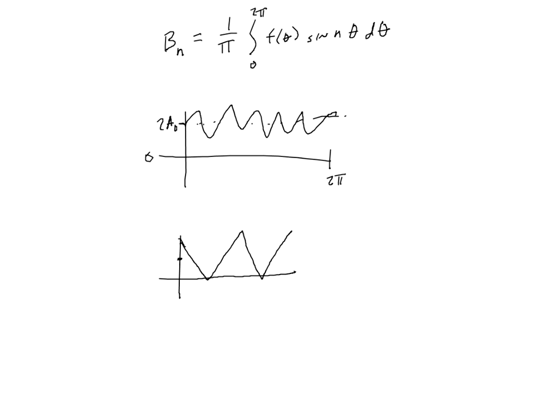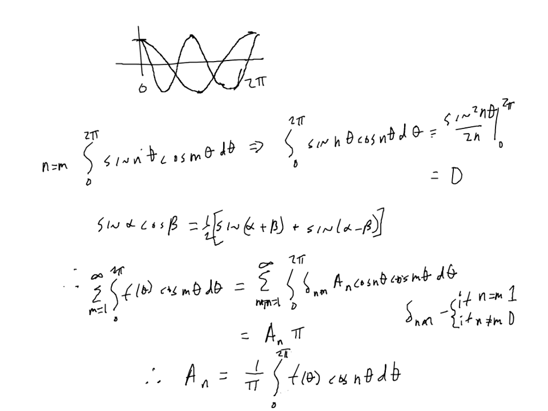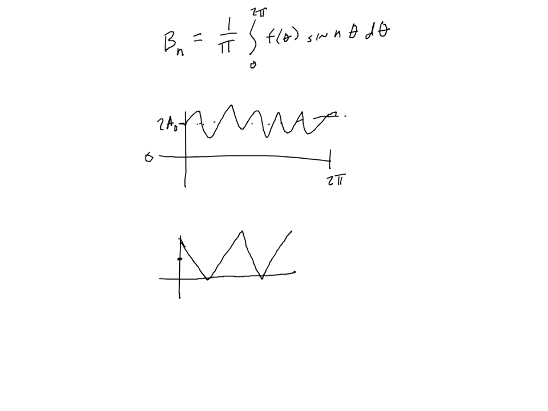Okay, now, one thing I do want to note is that depending on the symmetry of your function, you can take some shortcuts with this, because the symmetry is going to determine whether or not you need both A sub n and B sub n or just one of them, and what they're going to look like.